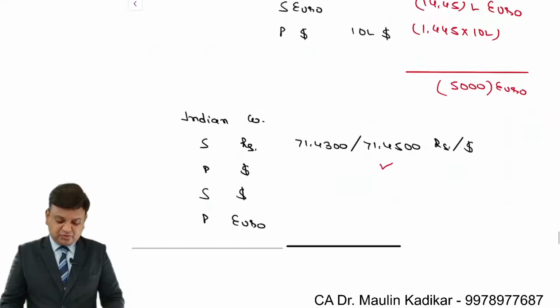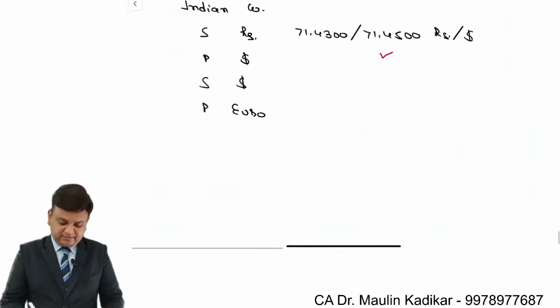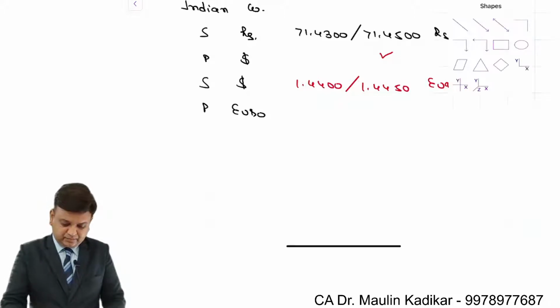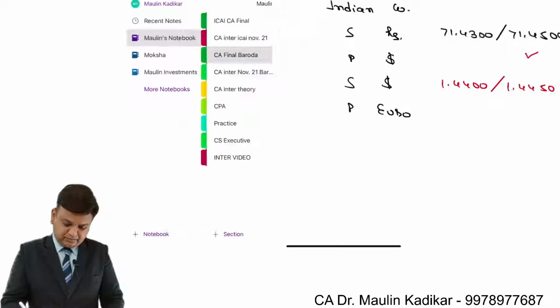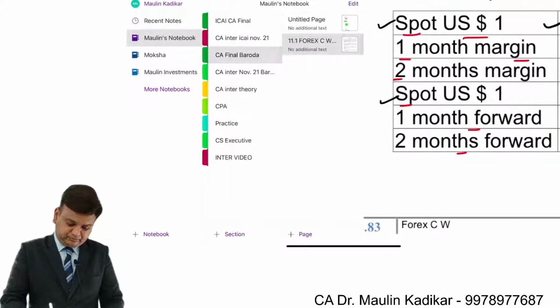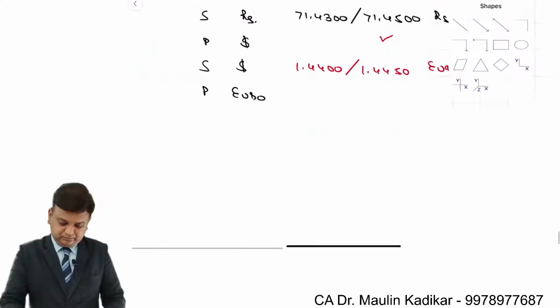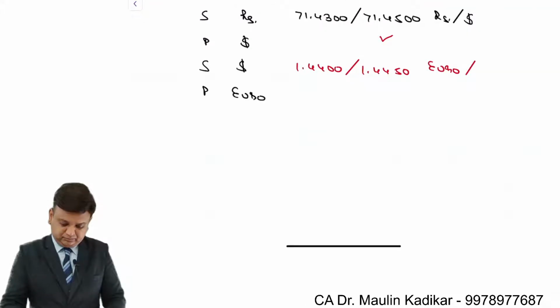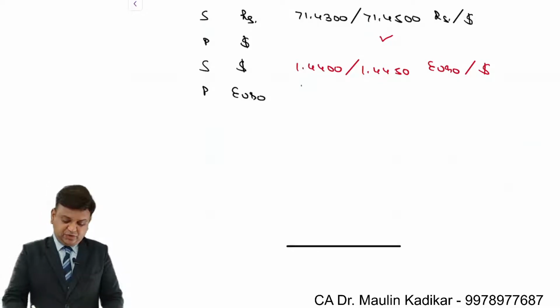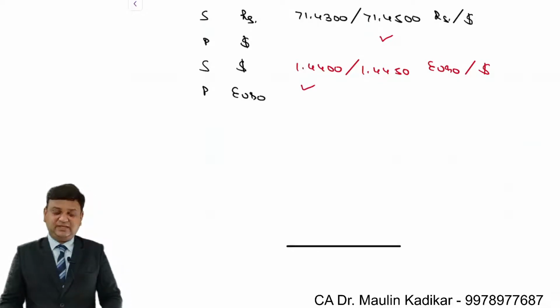Sell dollar, purchase euro. So in that, 1.4400 / 1.4450 euro per dollar. The transaction is sale of dollar and purchase of euro. So this is the applicable exchange rate.